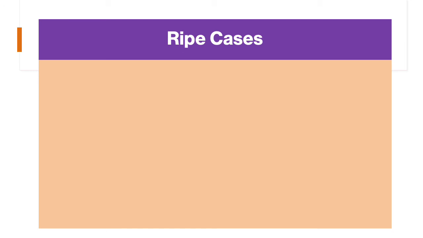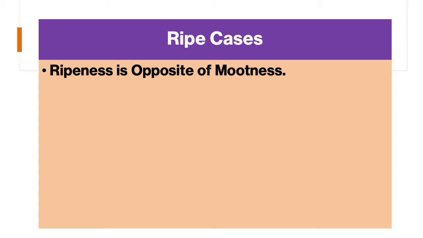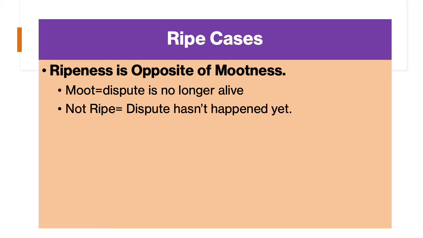All right, now let's talk about case ripeness. Now, ripeness is the opposite of mootness. When a case is moot, the dispute has been resolved or the dispute is just no longer alive. It's a dead dispute, and courts can't hear cases that don't have disputes. If a case is not ripe, the dispute just hasn't happened yet.